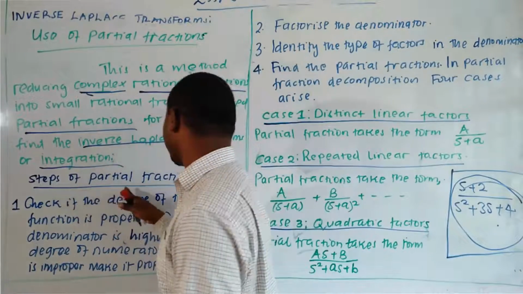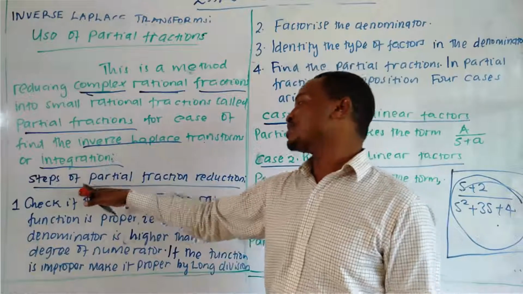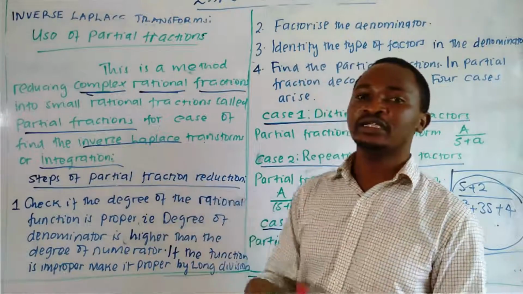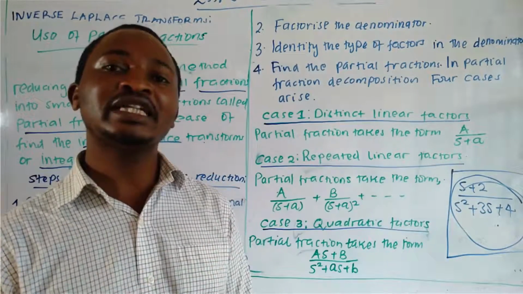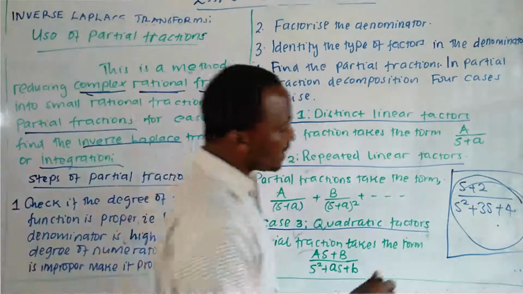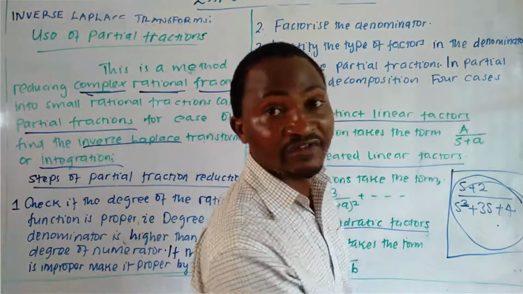Now, there are a few steps of getting the partial fraction, or partial fraction reduction, or partial fraction decomposition. The first thing is to check whether the degree of the denominator is bigger than the degree of the numerator. The degree is the highest power of the variable s.